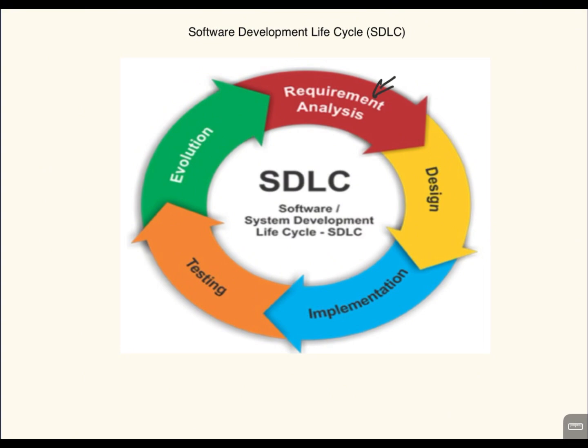So we gather the requirements, we understand the business needs, we define functional and non-functional requirements. So, gathering requirements from stakeholders, right? We need to gather the requirements from stakeholders.